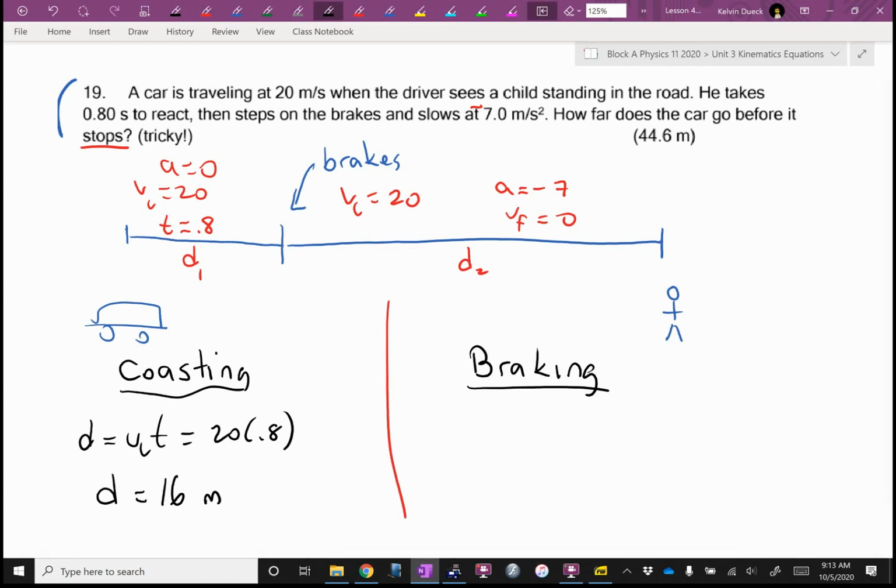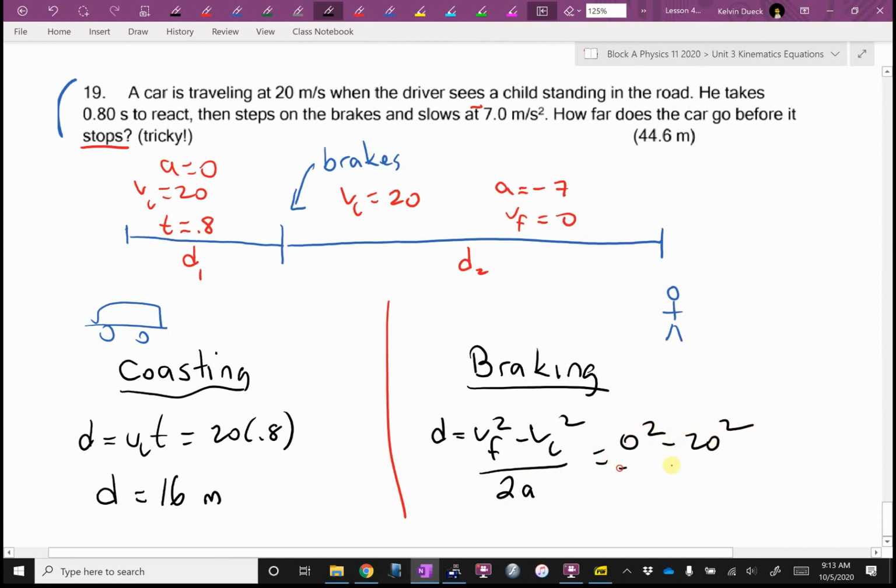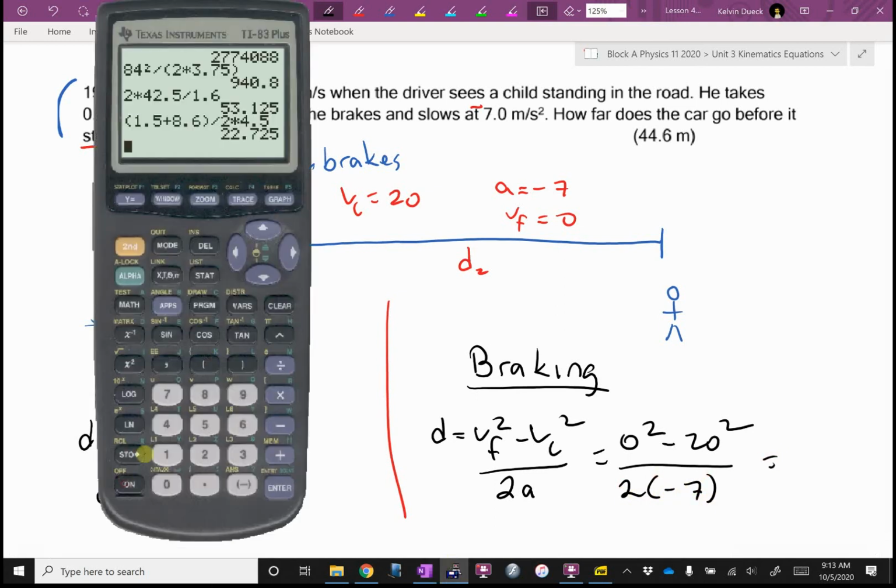Braking. Now I'm going to use VF squared minus VI squared all over 2a. 0 squared minus 20 squared all over 2 times negative 7. And 28.6 meters.